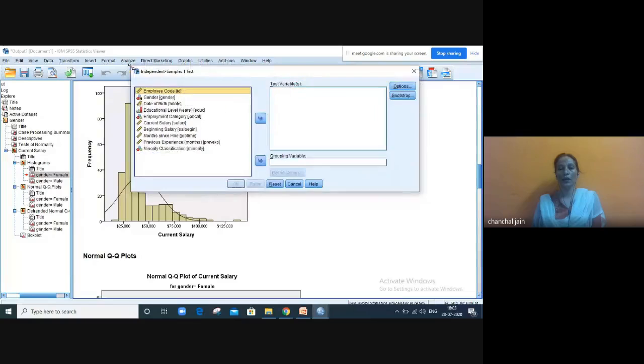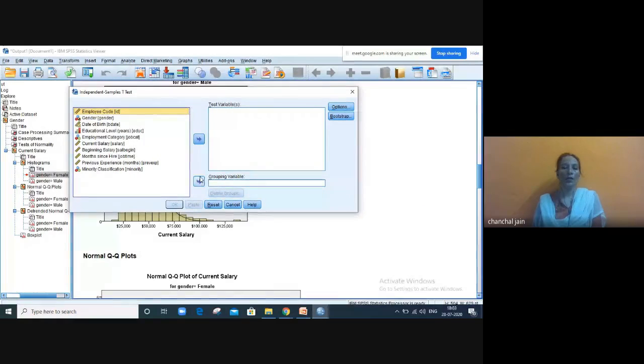As you click on Independent-Samples T Test, the window will open for you. Now here what you need to do: the test variable means the dependent variable. We have to shift our dependent variable into the Test Variables box, and in the Grouping Variable box we need to shift our independent variable.